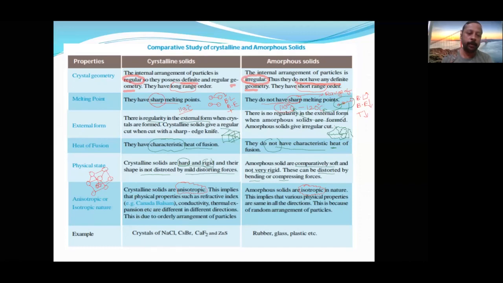Optical properties, an example is refractive index, and some other properties like conductivity and thermal expansion in different directions. If any property is different in different directions, then such a solid is called anisotropic. See here, direction dependent.